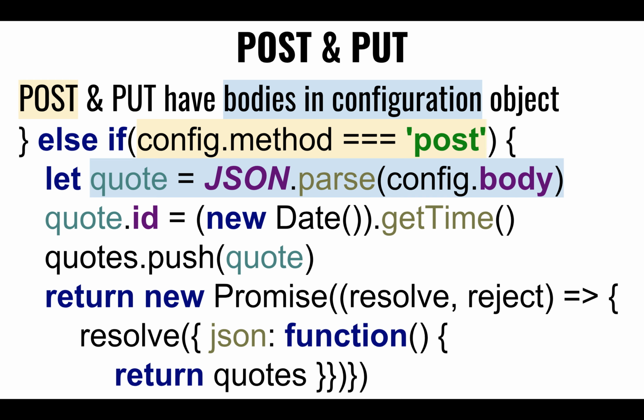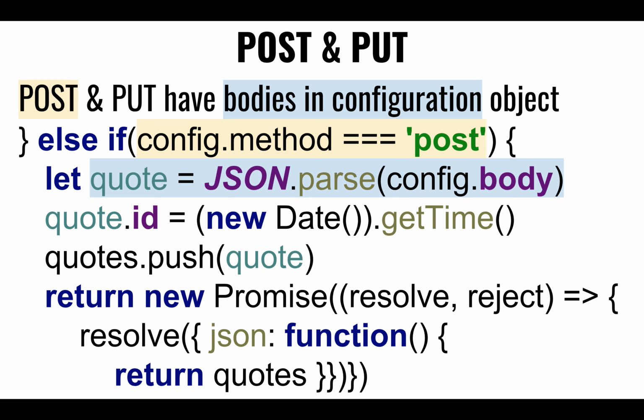Here we parse it. If you remember, when you send it over, typically you stringify it. You say JSON.stringify, so it converts the JSON object into a string. Here we're doing the inverse. We are converting it back to a JSON, because what we're going to do is take that quote and push it into the array we just loaded from memory from the mock, into the array that we just loaded from the file.